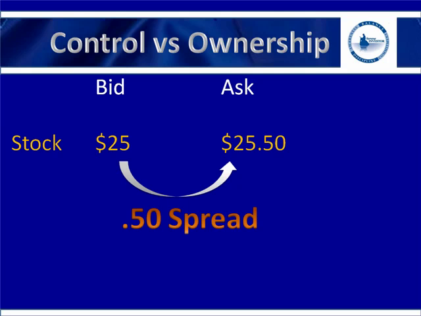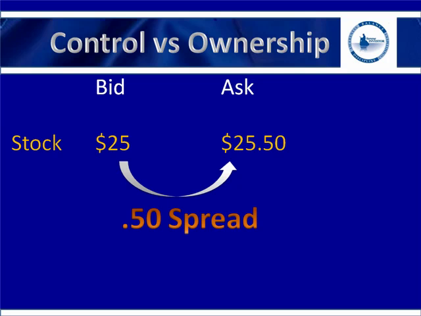So if you have 1,000 shares of stock you're buying for $25.50, well, they're going to make 50 cents per share, which is going to be their chunk. It costs a lot of money to be down on that floor, hundreds of thousands of dollars, and they've got to pay that every year in addition to make money for themselves. So they're going to get the spread. Okay, so keep that in mind. They make the spread every time, and you're always buying at the ask and selling at the bid.